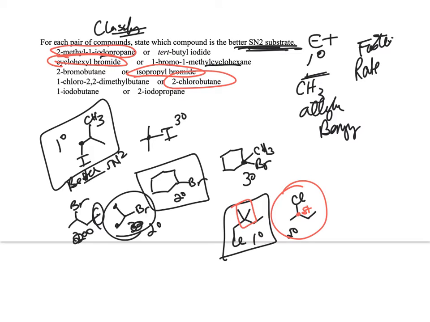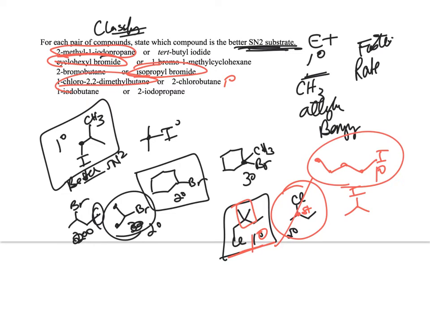Actually, I would go with primary on that one, so I'm going to take that back. I would go with primary. Just stick to the rules. Primary. Here, 1-iodobutane, 1, 2, 3, 4, and 2-iodopropane. This one's primary. So primary over secondary is a better SN2 site.